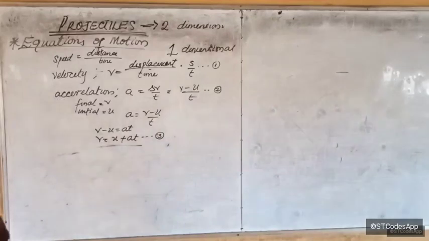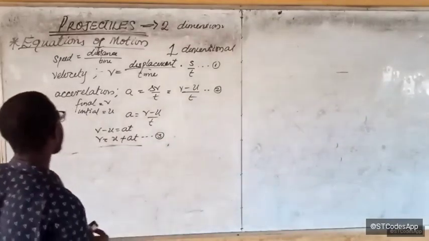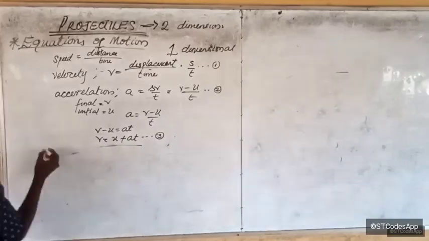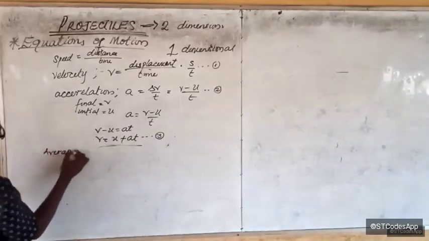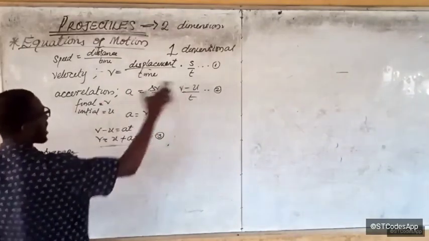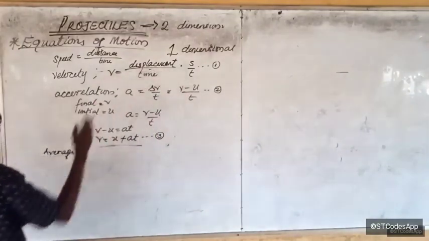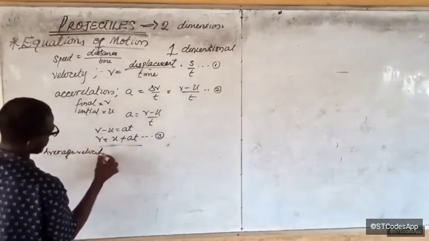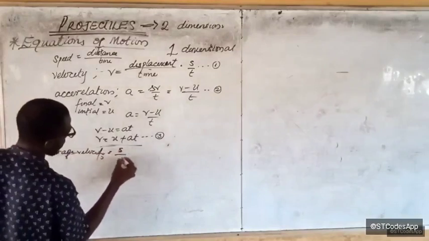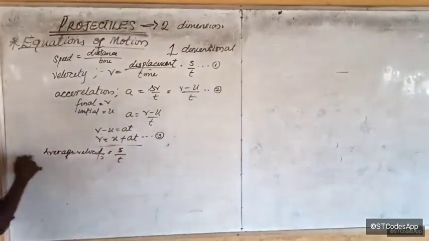Now, there is also one equation about average velocity, because from here we can talk about average velocity. So average velocity is equal to distance or displacement over time. And what is average velocity?